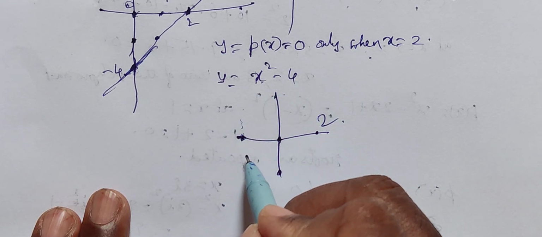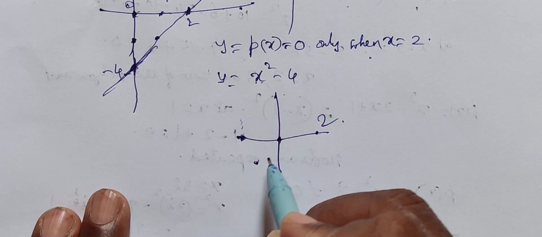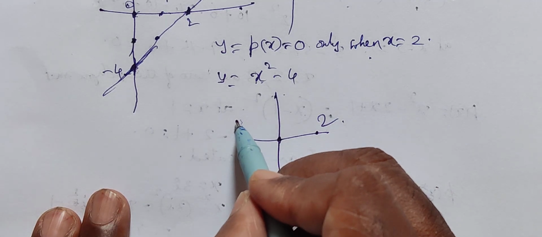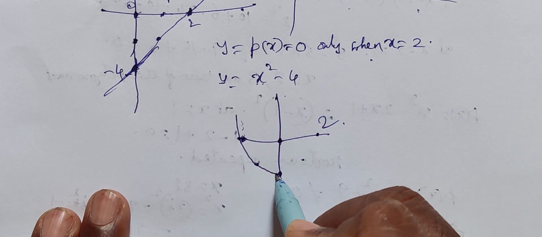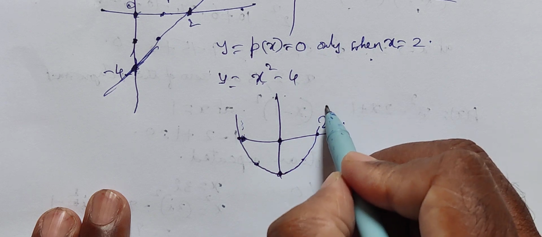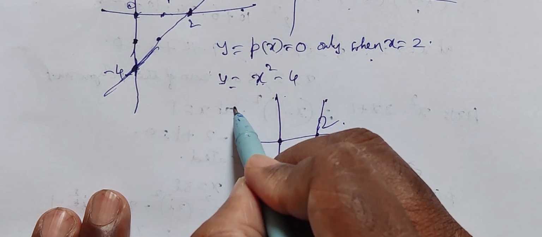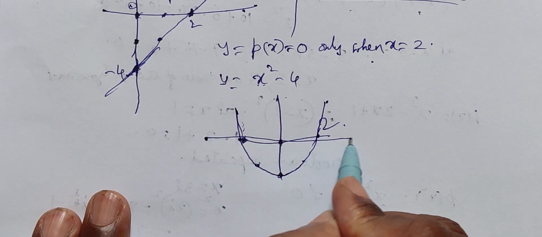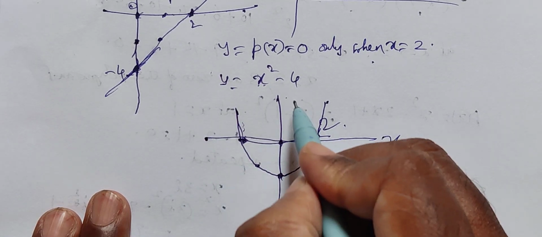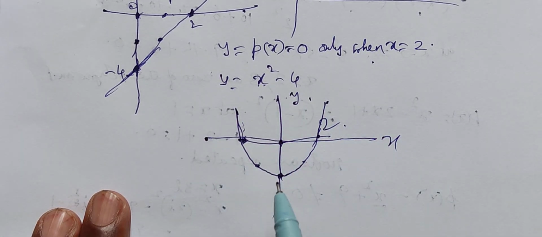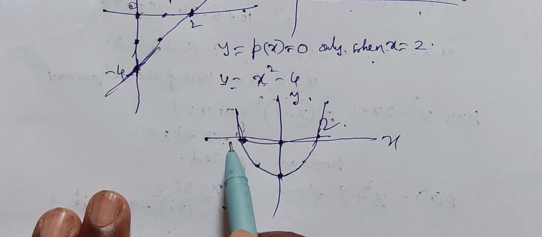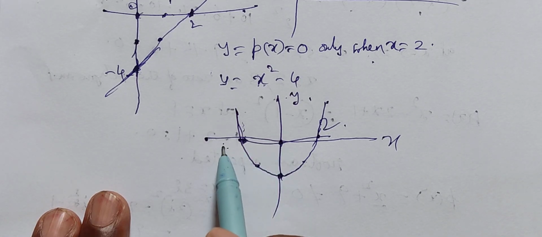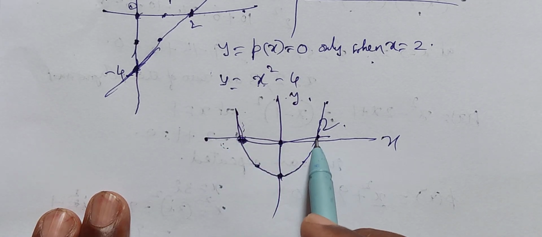If you take some values in between and draw the graph of this polynomial, it will be something like a U shape. This is the x-axis, this is the y-axis. So for how many values of x is y becoming 0? Here and here, right?